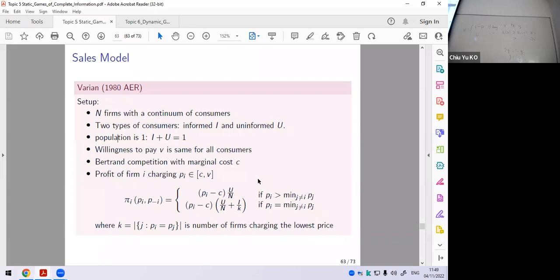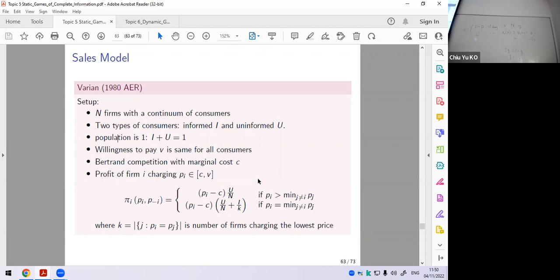Of course, you can look at the proof, but the idea is very simple. Why do you want to randomize? Because it is possible that we all randomize above C, and in that case I can still sell the product.